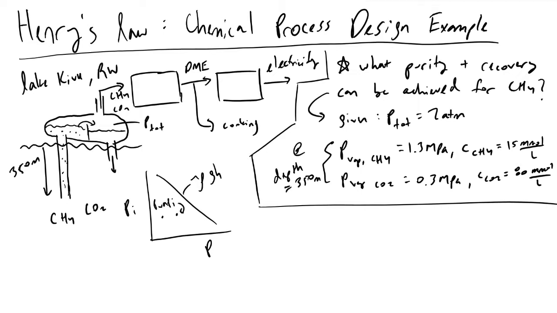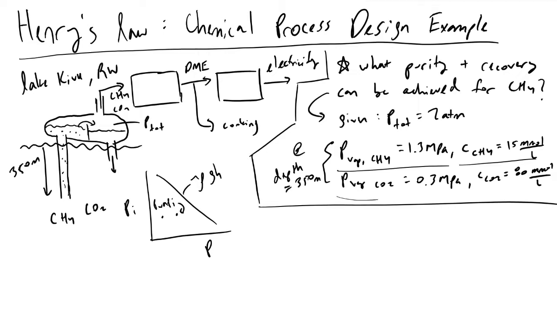At a depth of 350 meters, we know that methane has a vapor pressure of 1.3 megapascals, and we're also given a concentration of methane in the liquid phase of 15 millimoles per liter.